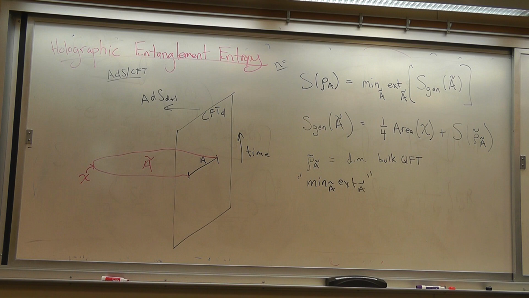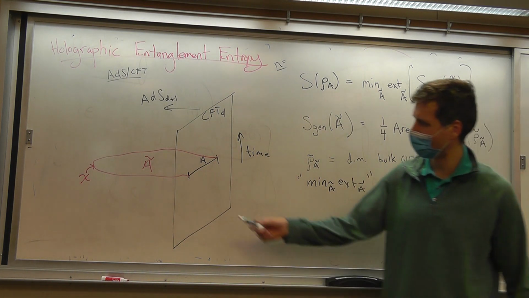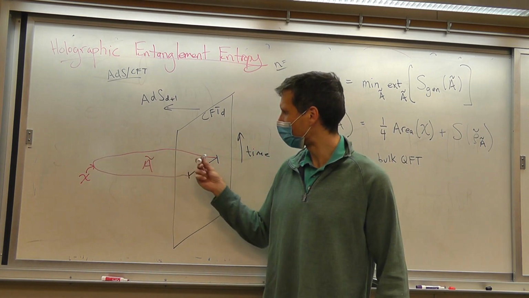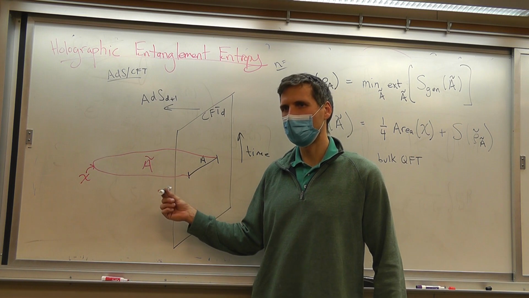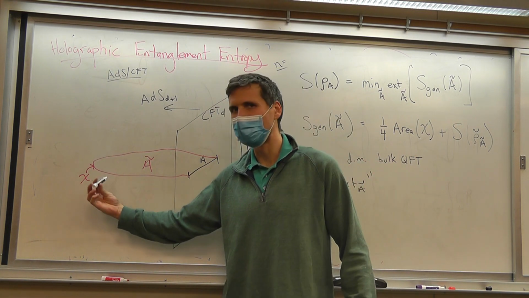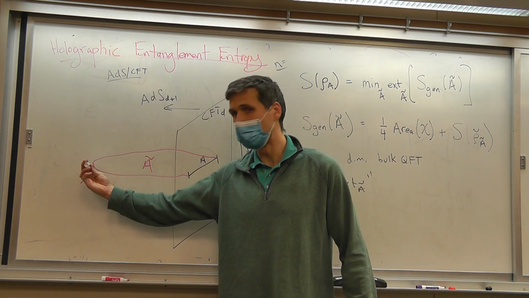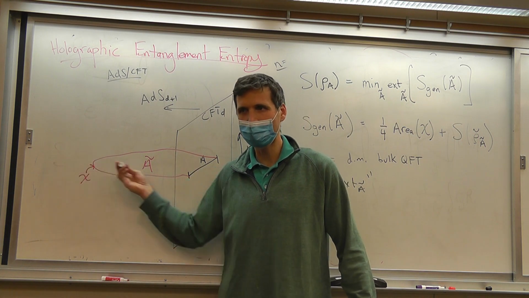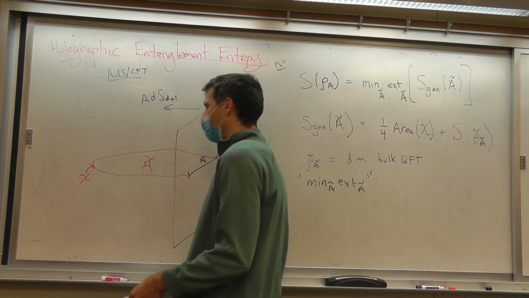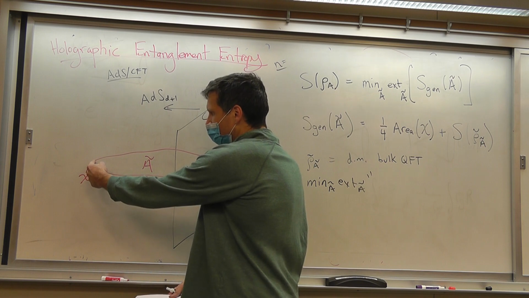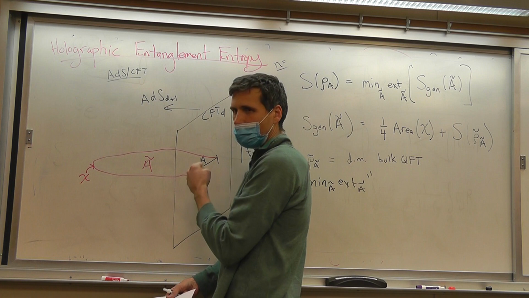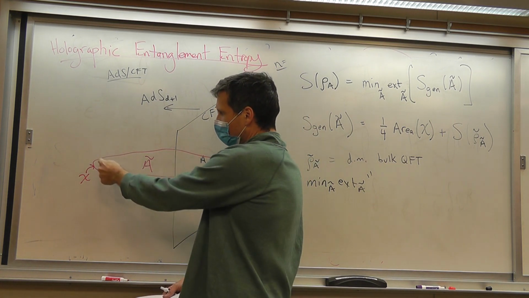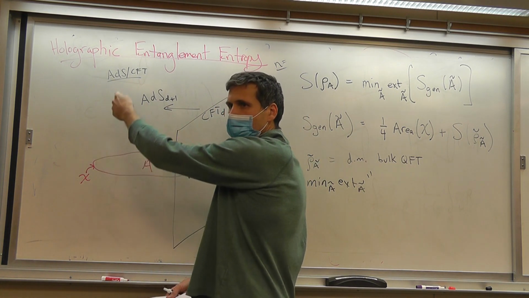So what does this mean? Well, let me say it in words first. You want to extremize under deformations of the region. And what that always ends up being is a minimization in the spatial directions. So if you deform the surface this way, the S gen should be a minimum. And it ends up always being a maximum in the time directions.